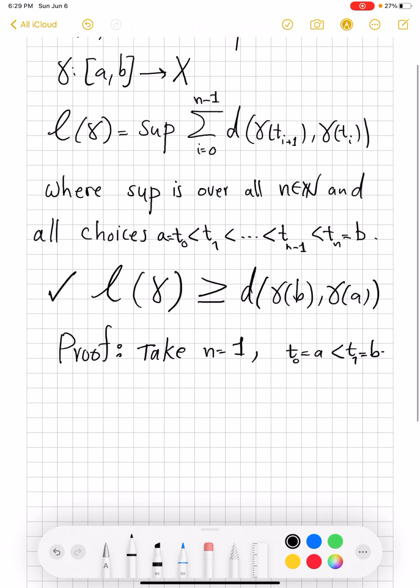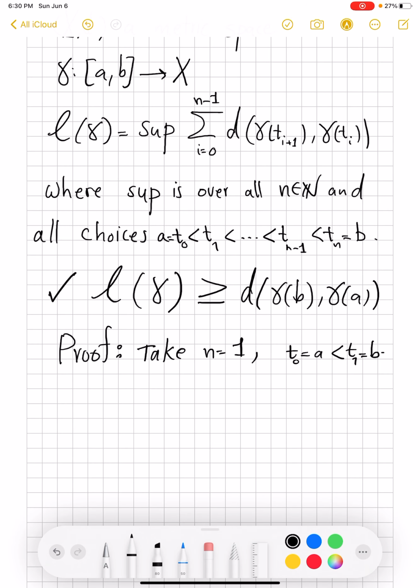Now, the reverse of this becomes an interesting question, and it is not always possible, of course, but then you wonder what spaces have these properties that you can reverse this inequality.